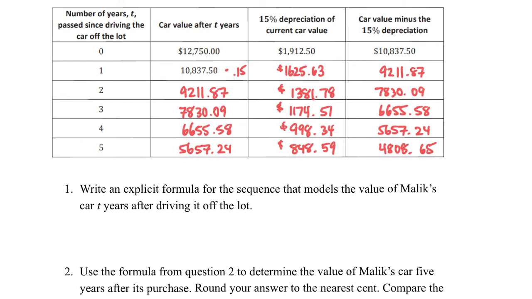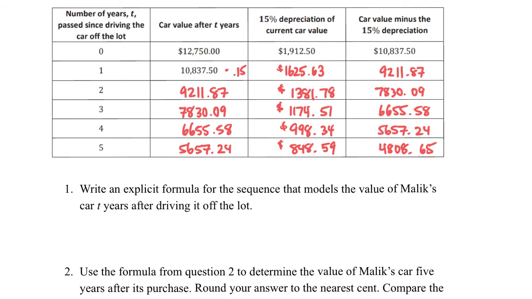And then each of these numbers, since we're taking the initial value and taking 15% of it and then subtracting it, that actually means that this number is 85% of this number, 100 minus 15.